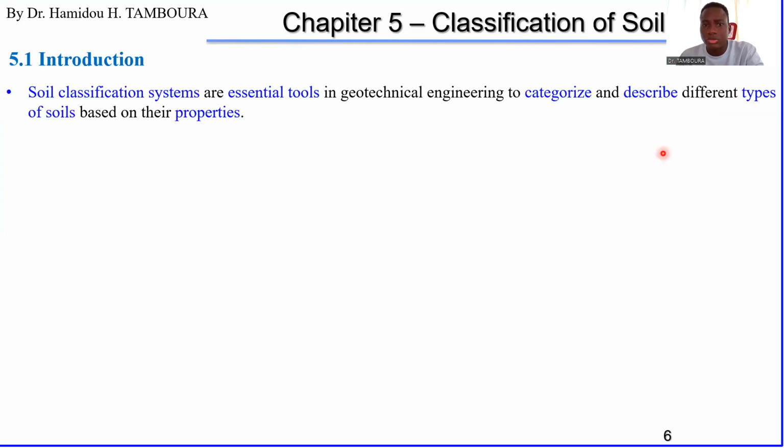So soil classification systems are tools that geotechnical engineers use to describe and categorize different types of soil based on the properties of these soils. It's like a communication code for engineers.